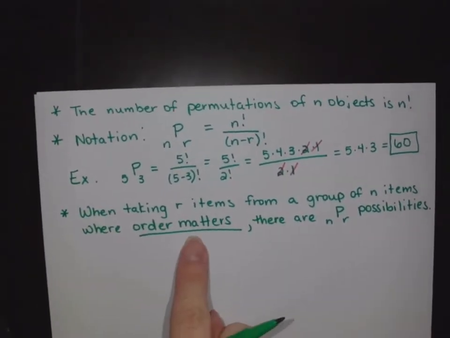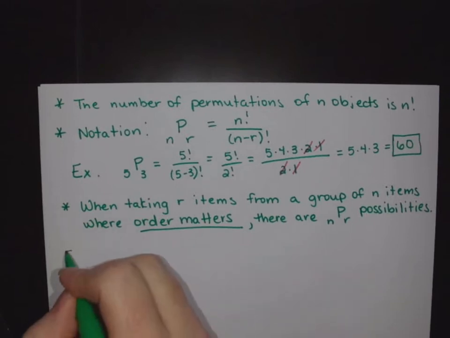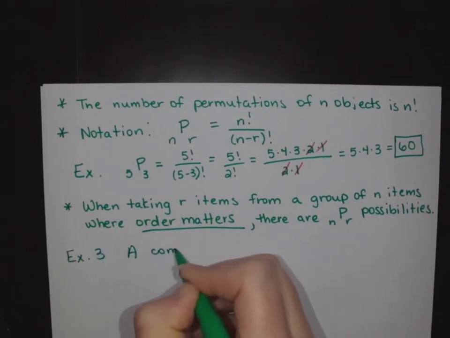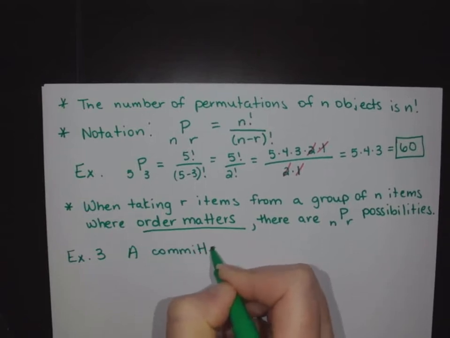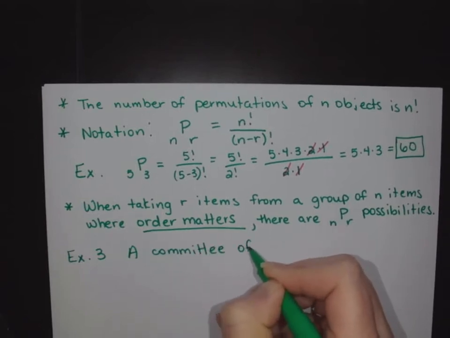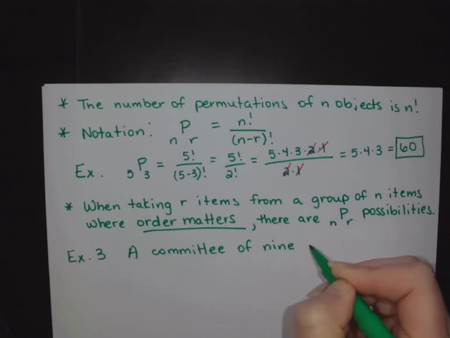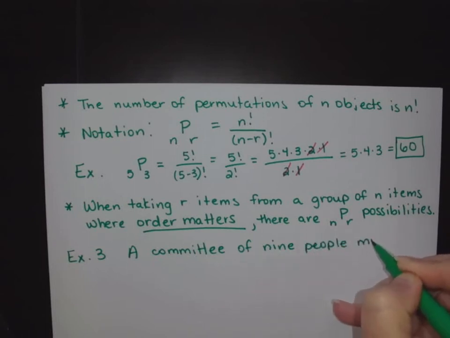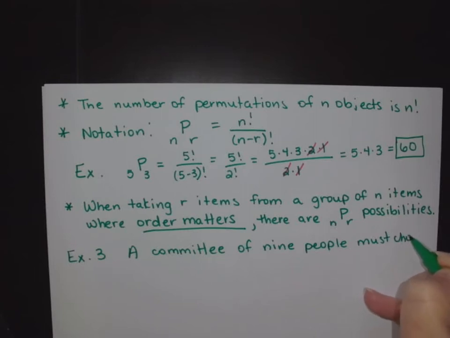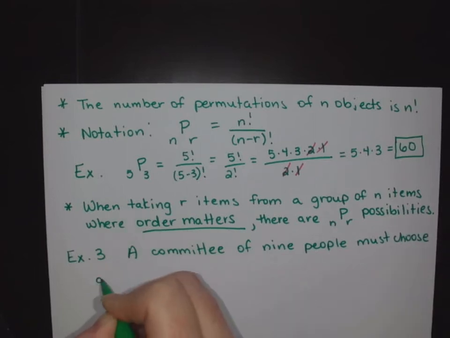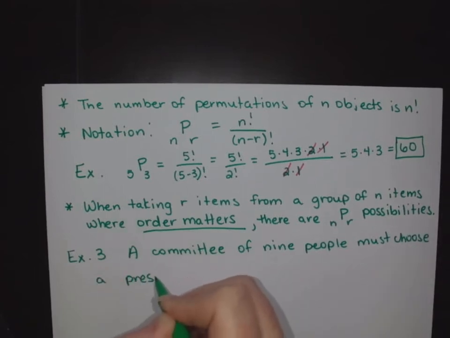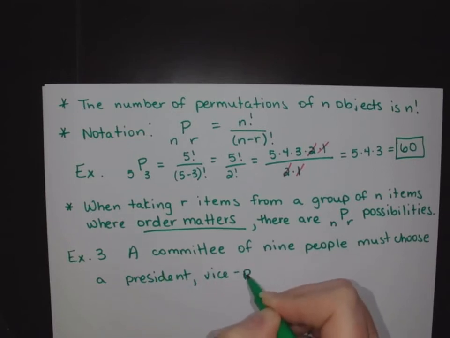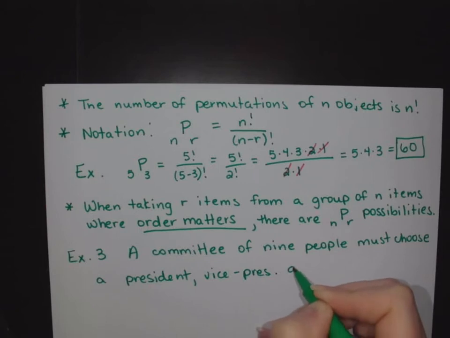Okay, so really important that order is significant here, so let's look at an example. This is used for when you have a larger group that you're taking a smaller set out of. So let's say we have a committee of 9 people and they need to vote on their officers. They want to choose a president, a vice president, and a secretary.